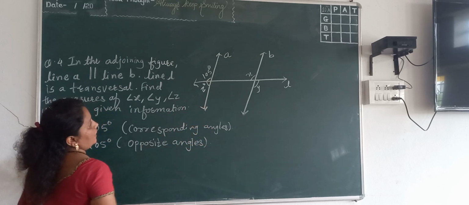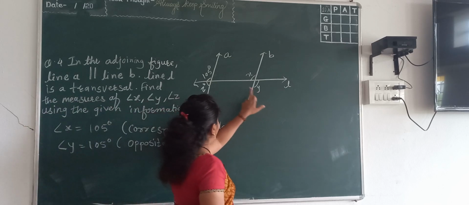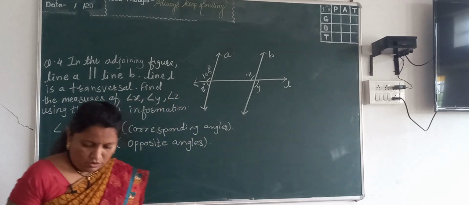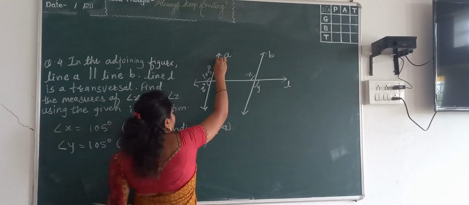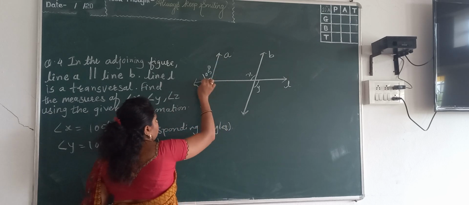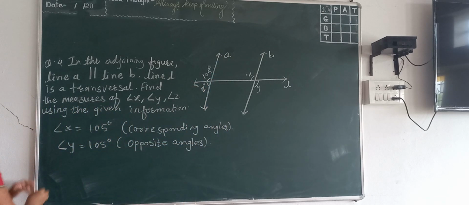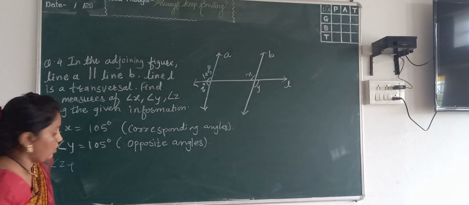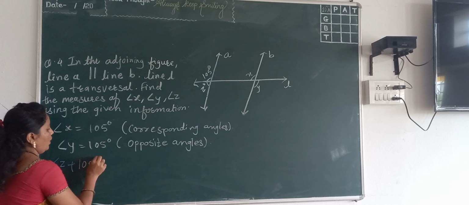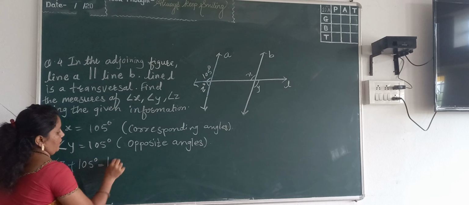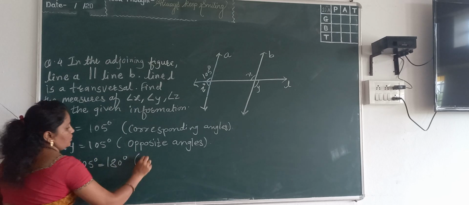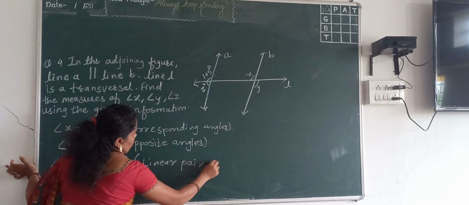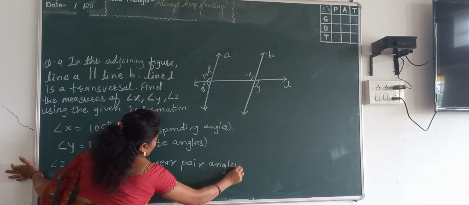And last, you have to find the value of Z. How to find the value of Z? See, 105 and Z are linear pair angles. Then we write angle Z plus 105 is equal to 180 because of linear pair angles.